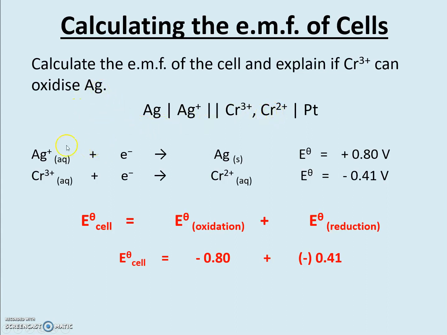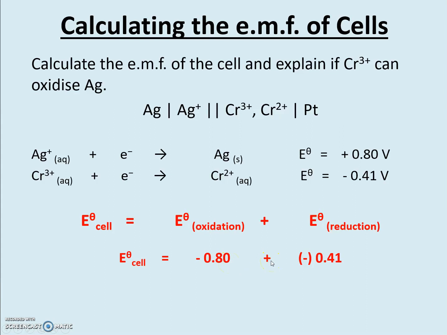So here are two reduction potentials, and we have to calculate the E cell by saying the electrode potential of the oxidation plus the electrode potential of the reduction. So in this case, silver will be oxidized to silver+ ions, so we need to reverse this equation and reverse the sign. So that will give us -0.80 volts.